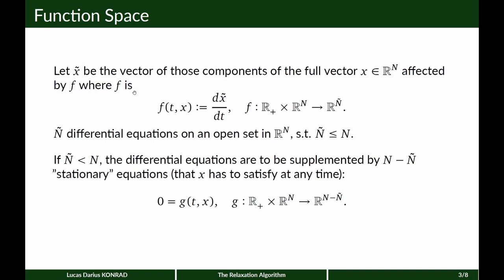And for notational reasons, we just say, okay, this function f here captures how all the variables that are actually affected by time change over time. It's the derivative of this variable with respect to time.